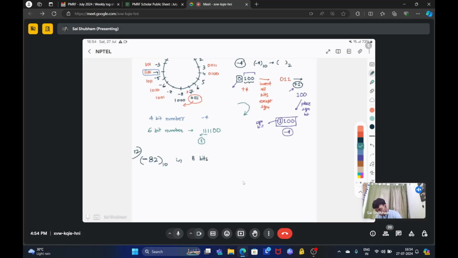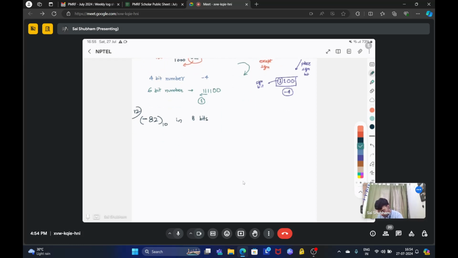So I will now discuss the solution. I hope you could do it. So first we will write plus 82 in binary representation form. So it will be 64 plus 16 plus 2. So this is 2 power 6, this is 2 power 4, this is 2 power 1.